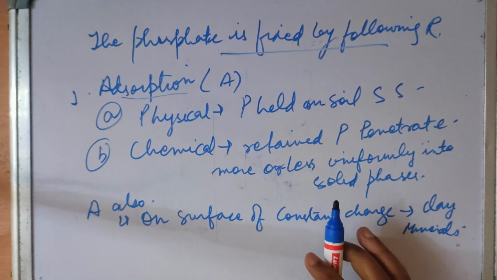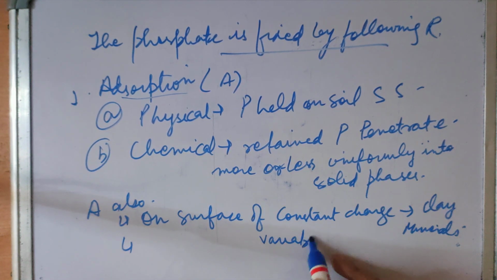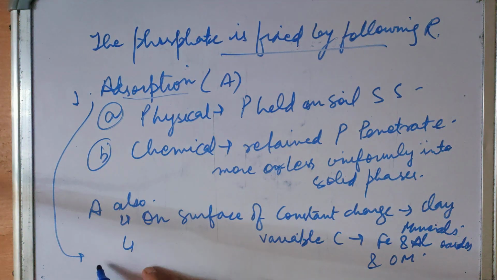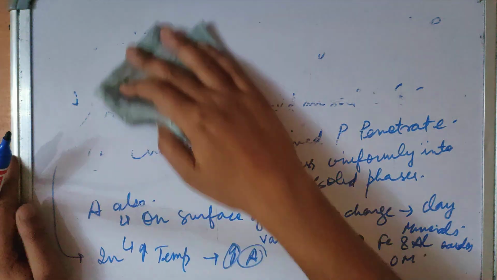And when it happens on the surface of variable charge, it is Fe and Al oxides and organic matter. You should also know that adsorption is high at high temperature. So this was the first one, that is adsorption.